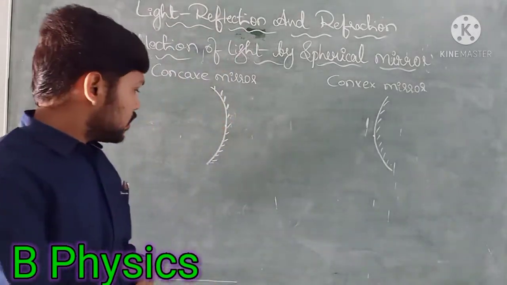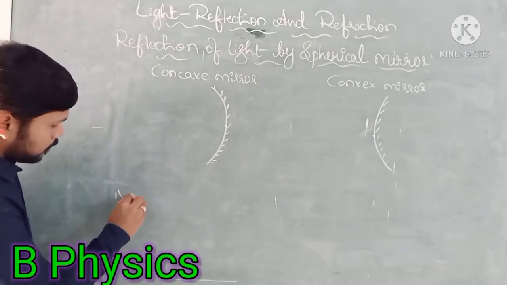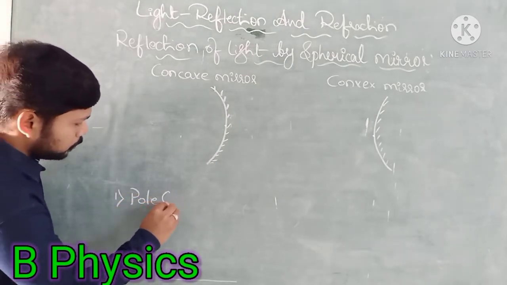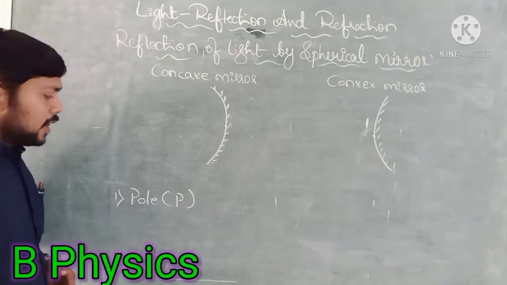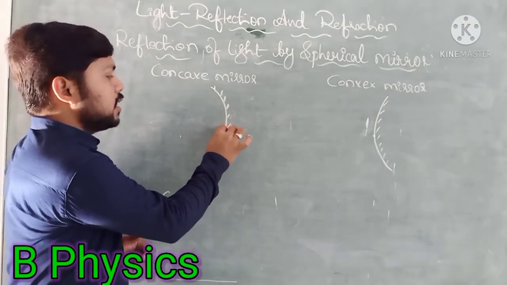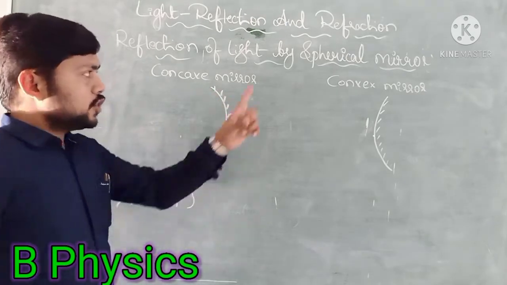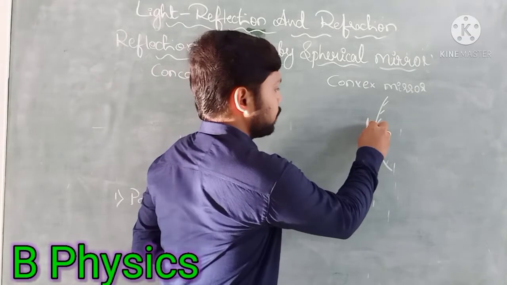The first one is pole of the mirror. It is represented by capital P. See, the pole of the mirror is the center of the reflecting surface of a spherical mirror.